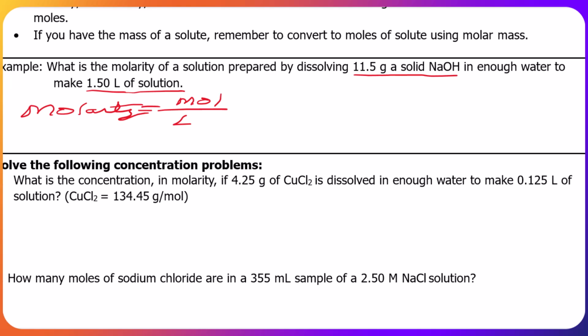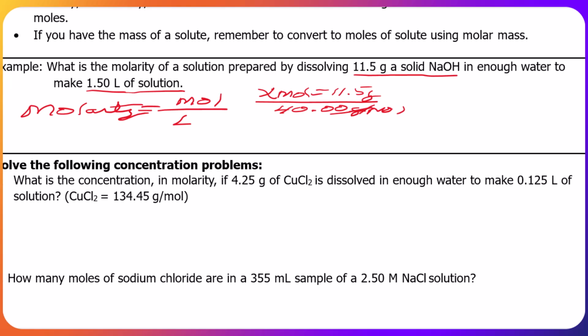They did a lot of the work for you. So the first thing we need is moles. That's going to be 11.5 grams of sodium hydroxide, and the molar mass of sodium hydroxide is 40 grams per mole. That's kind of handy, easy to remember.